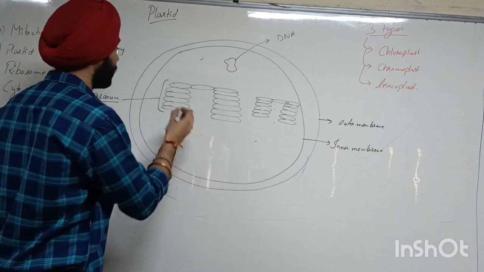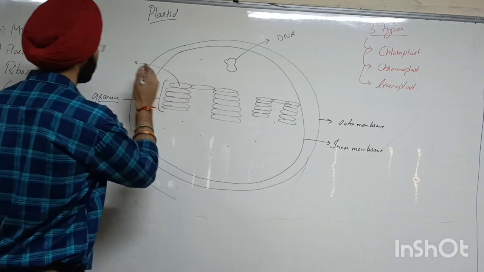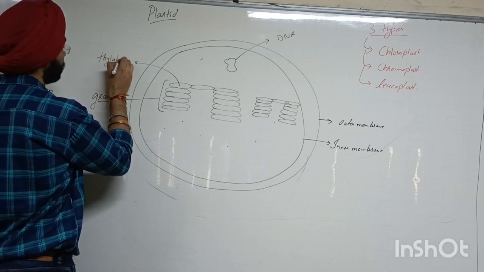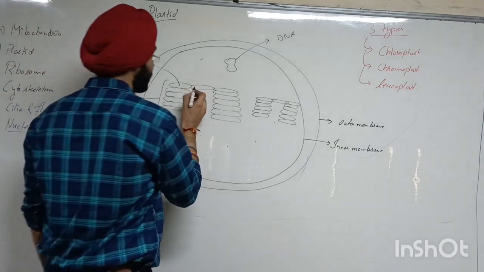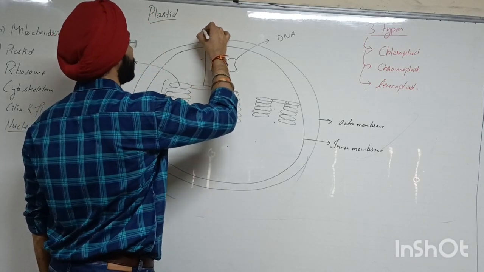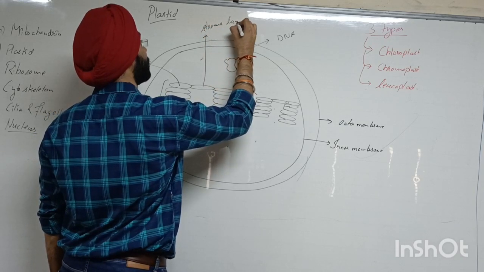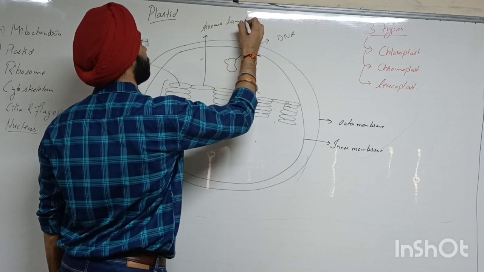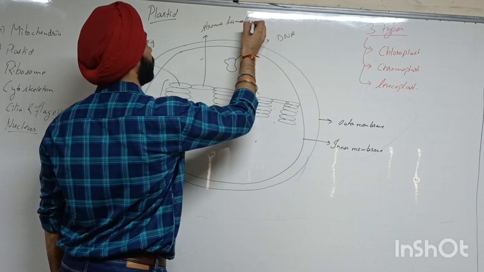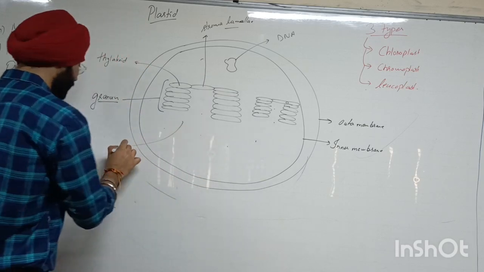Singularly we can say grana. And this single structure is known as thylakoid. This bridge which connects granum with granum is stroma lamella. And this dot-like structure is ribosome.